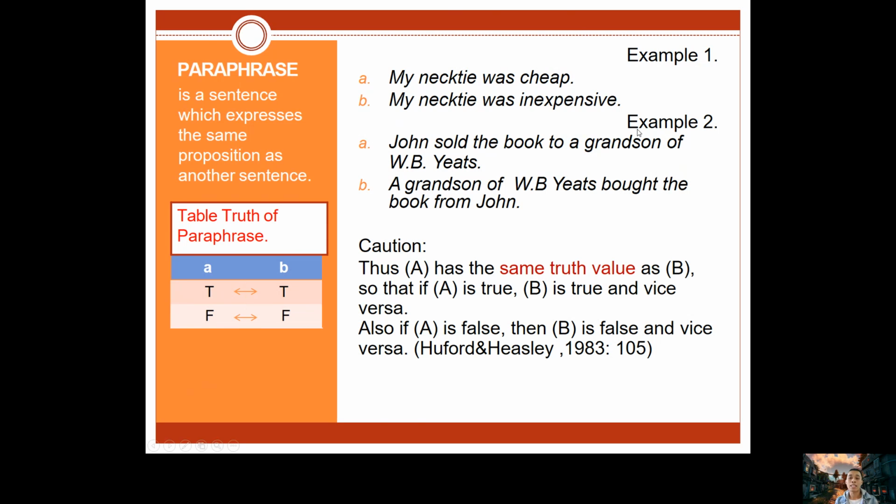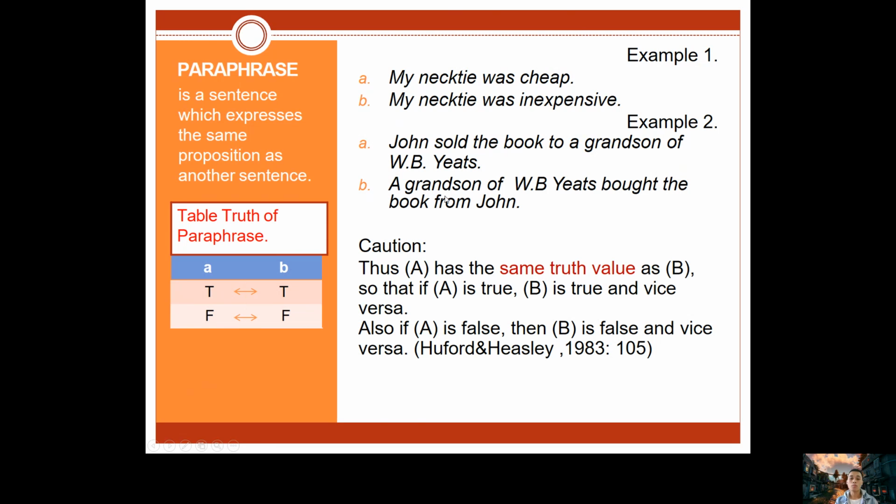Okay, another example. John sold the book to a grandson of W.B. Yeats. And the second premise, a grandson of W.B. Yeats bought the book from John.